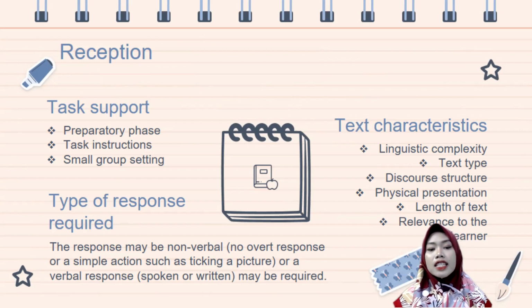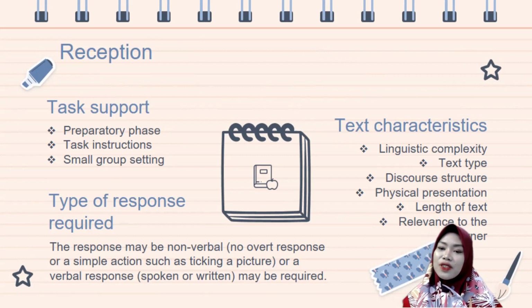And then the second is type of response required. The responses may be non-verbal or no overt response, or a simple action such as taking a picture, or a verbal response, spoken or written, may be required.